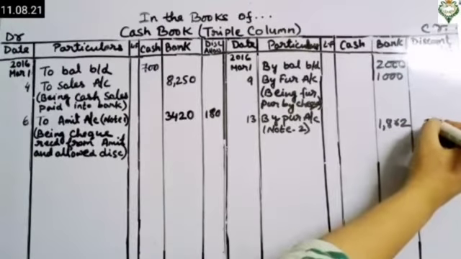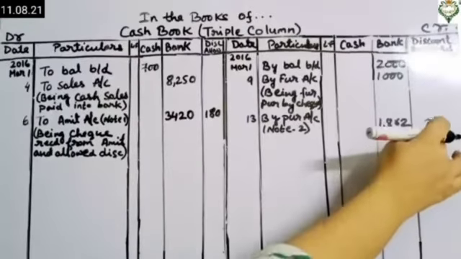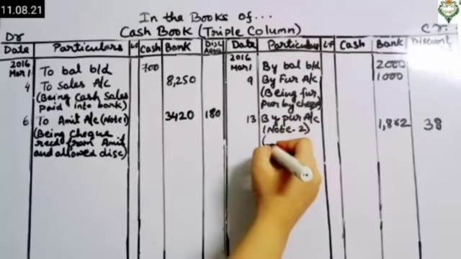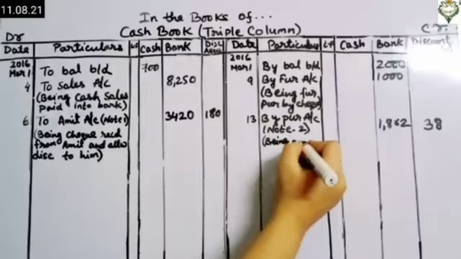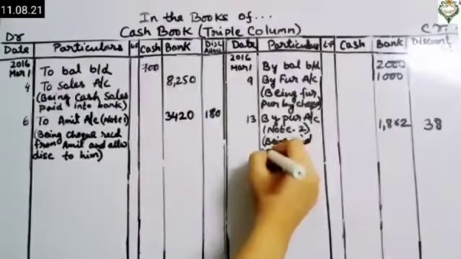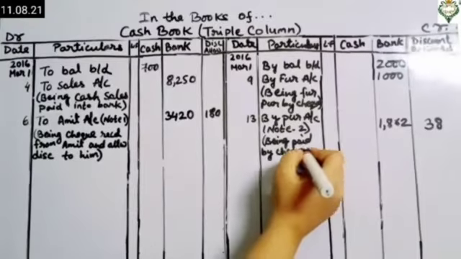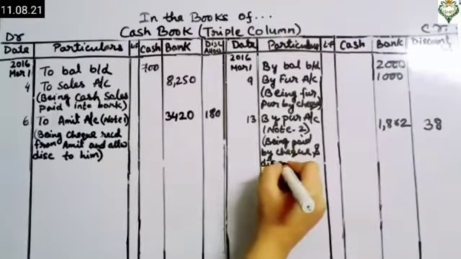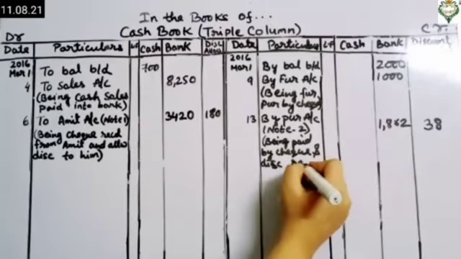The trade discount is not recorded in the book, so the 38 rupees is the cash discount. Then we have to write the narration for this: being paid by check and discount received.